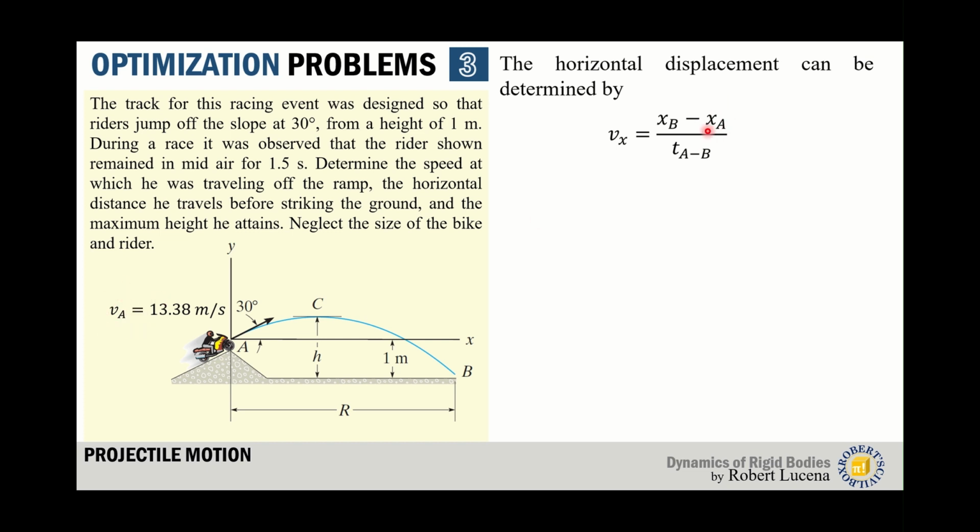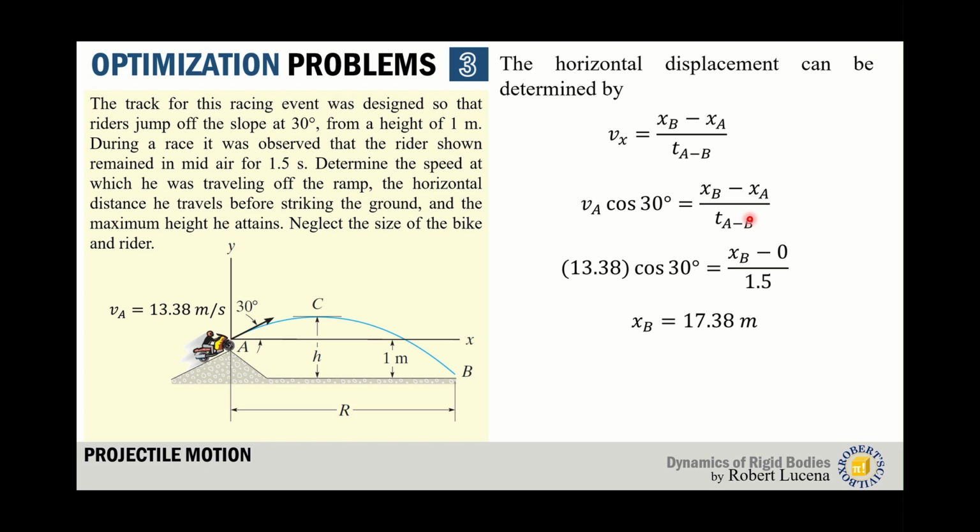We know the position of point A, and we know the time of travel. So we can solve for xB, and eventually xB will tell you the range of the projectile. So vA cosine 30 is equal to xB minus xA over tAB. Substitute the values, and then we get xB is equal to 17.38 meters.